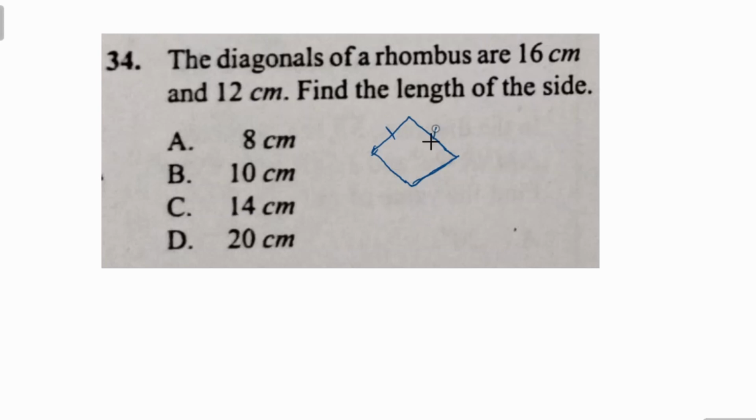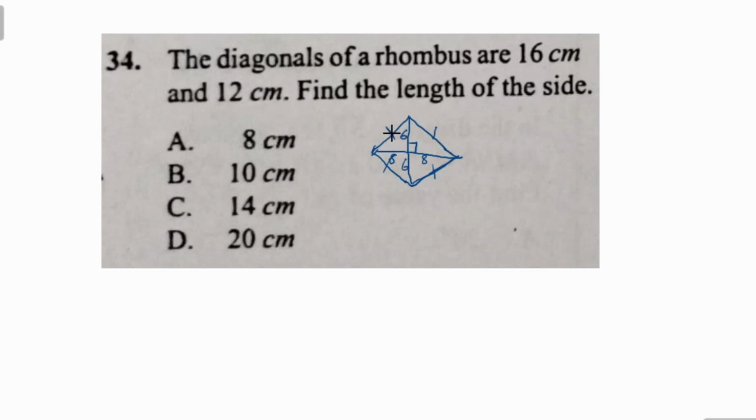So all four sides are equal or congruent, and also we've been given the value for the length of each of the diagonals. Some of the basic facts we need to know about a rhombus is that the diagonals bisect at right angles, meaning each diagonal is divided into two. So if this is the longer diagonal, then this is going to be 8, this is going to be 8, and then this is going to be 6, this is going to be 6.